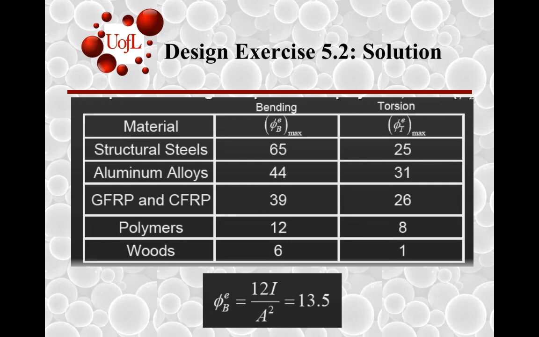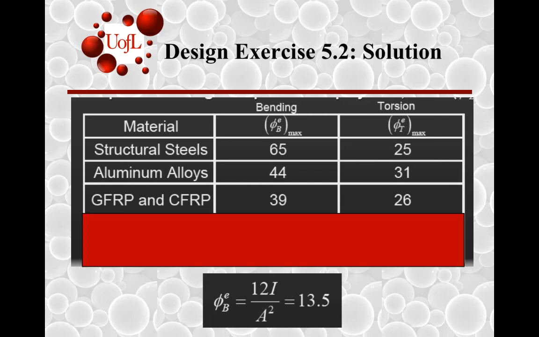We came across, for this specific geometry, that is an I-beam with the specific dimensions, that the shape factor was 13.5. If you look at this information over here, you can see that the upper limit for polymers and woods is 6 in bending. That indicates the specific shape cannot be made by these materials. Maybe there's a buckling related issue. So the bottom two are eliminated for this specific geometry from those two materials.